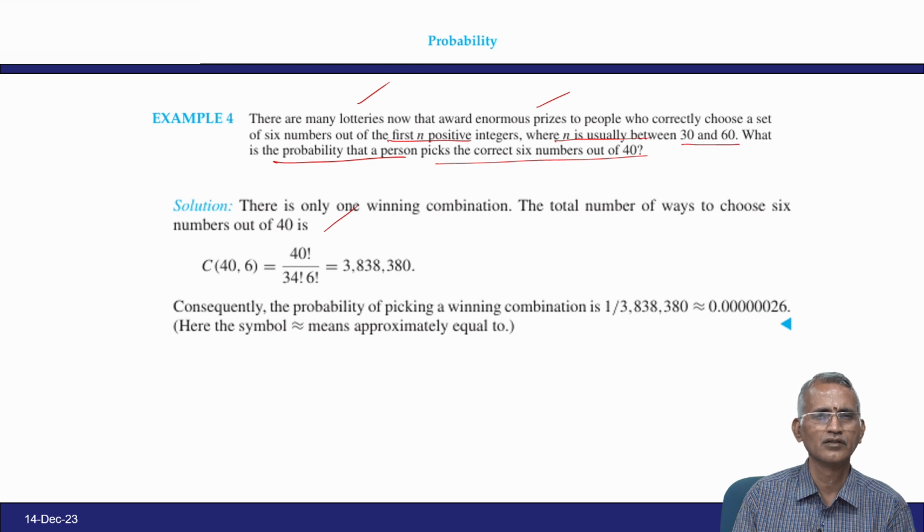40C6, equal to 40 factorial by (40 minus 6) factorial, 34 factorial, into 6 factorial, which is equal to 3838380.